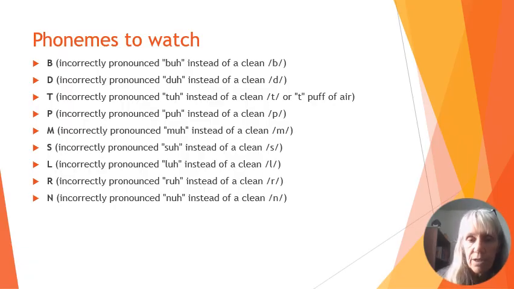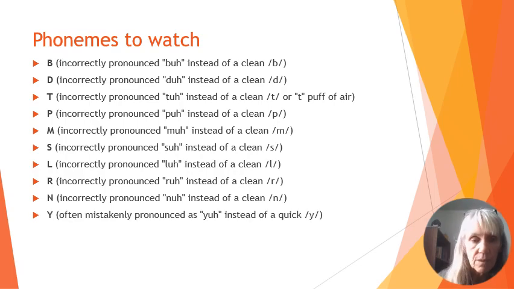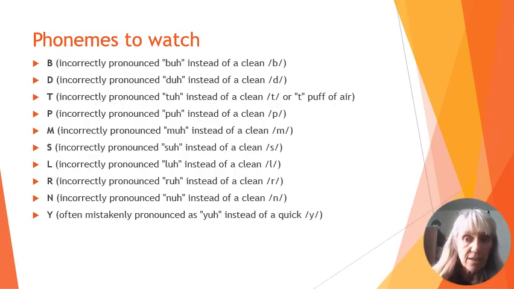N is incorrectly pronounced as na, when it's just n. Y is often pronounced as ya instead of just y. So the Y in yes, for example, we often say yeah, you add that extra. And that's what term yeah, I think, came from. Anyway, just some phonemes to watch.